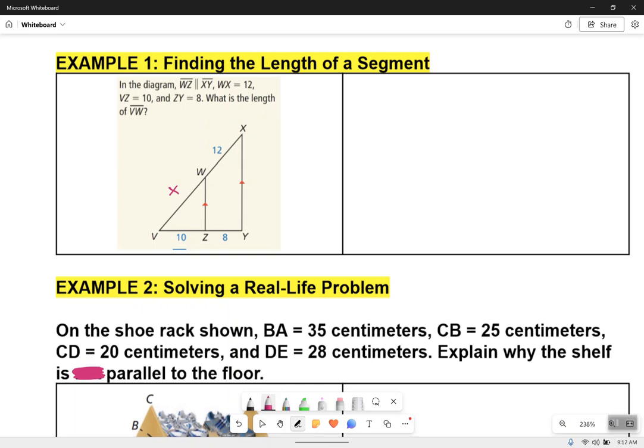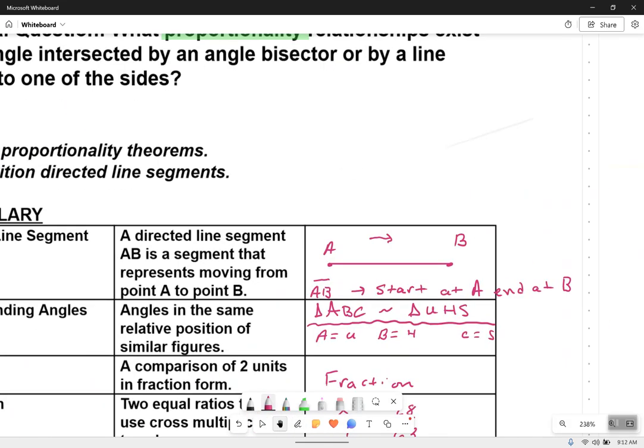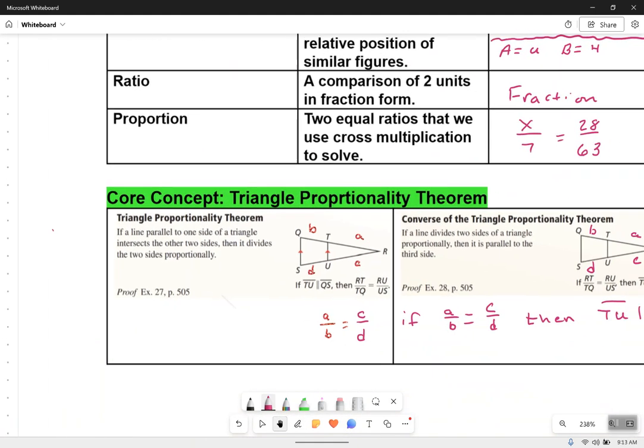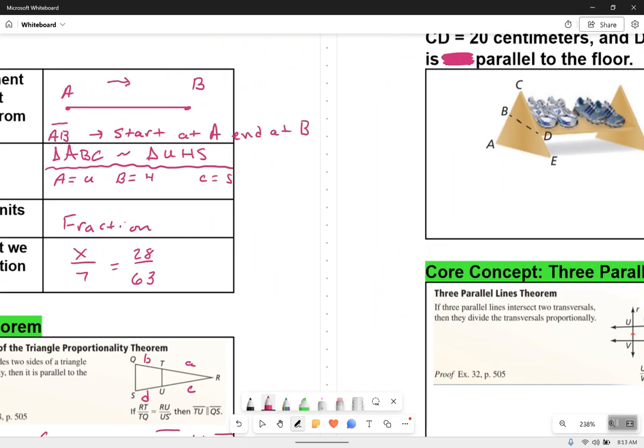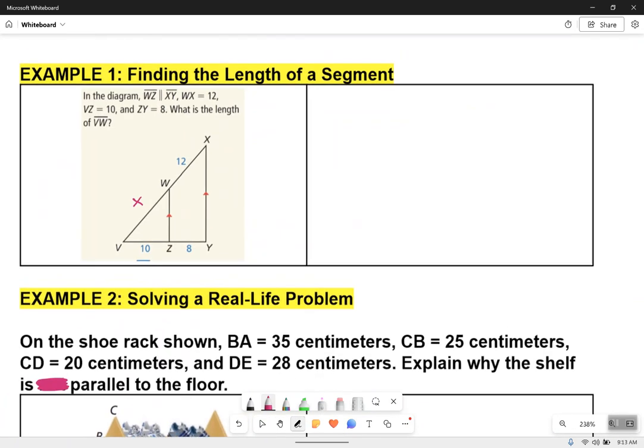Okay? So, guys, I could say the following right here. I could say X is to what? 12 as 10 is to 8. By that theorem that we looked at on the first page, called the triangle proportionality theorem, we can simply say in this right here, X is to 12 as what? Okay, when you cross multiply and divide, somebody want to tell me what you have there?